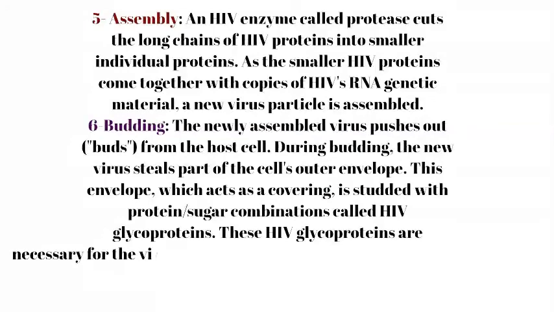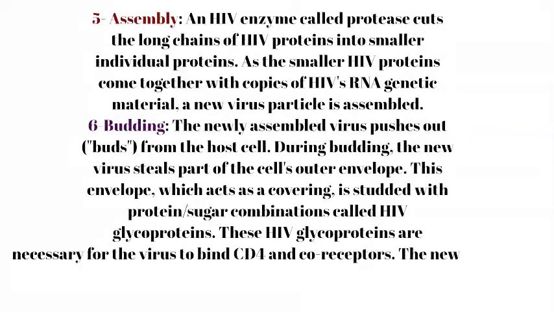Then after the reverse transcription, where the key enzyme is reverse transcriptase from HIV, and the conversion of the single-stranded HIV RNA to double-stranded HIV DNA, we have integration. In integration, we are looking at the HIV DNA being integrated into the host DNA. When these have been integrated, we call that a provirus.